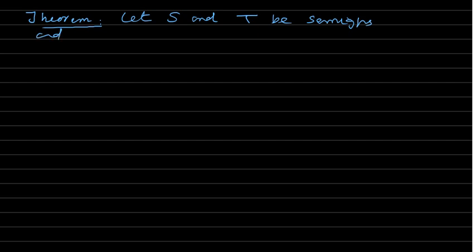So the next one is theorem number 2. Let S and T be semigroups, and let phi, a map from S to T, be a morphism.